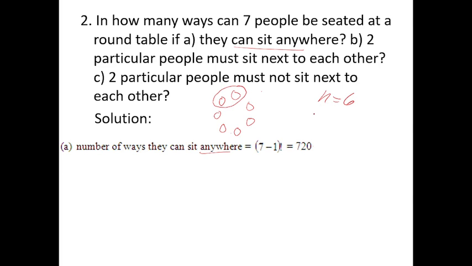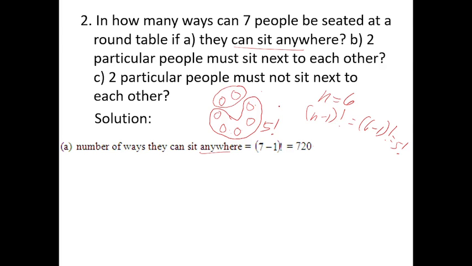In that case, n minus 1 factorial. So, that is 6 minus 1 factorial. So, 5 factorial. Yung 5 na to, 1, 2, 3, 4, 5. Diyan galing yung 5 factorial.